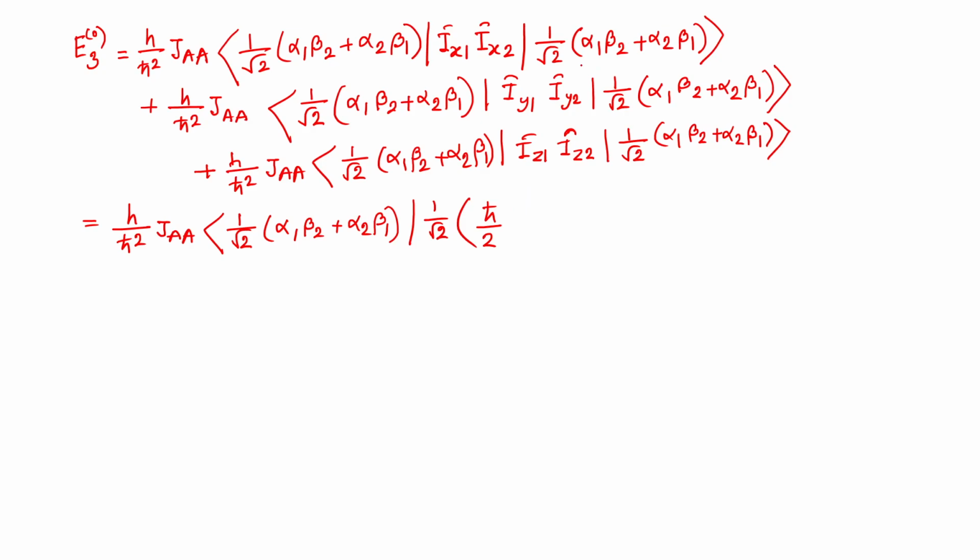If you consider both, you get h square by 4, but the wave function will change, beta 1 alpha 2. Same for the next part, it is going to be beta 2 alpha 1. The functions change, but the sign remains the same.